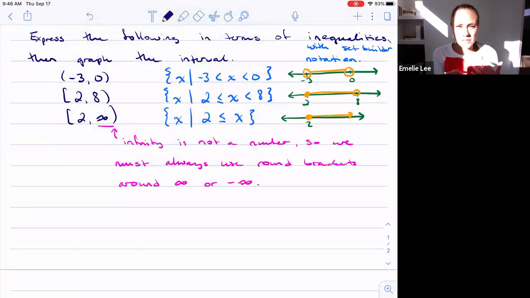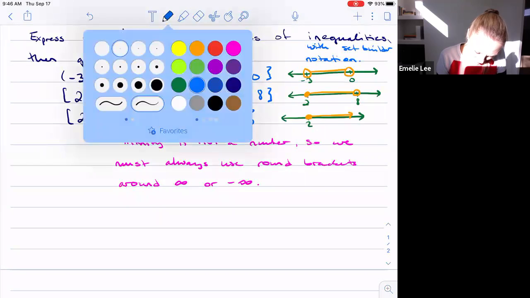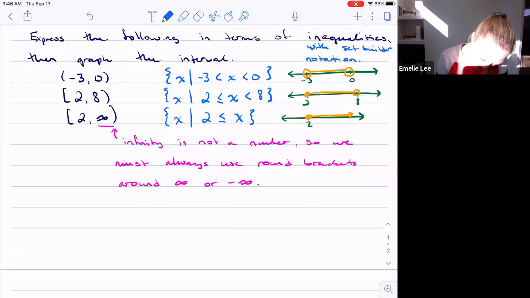So intervals, yeah, so here, this one could be written as x such that x is greater than or equal to 2.